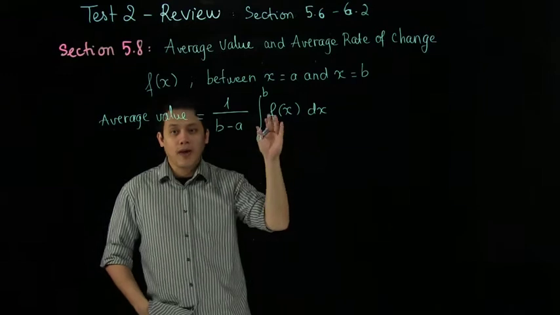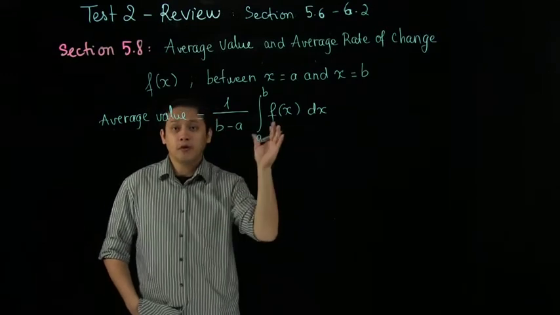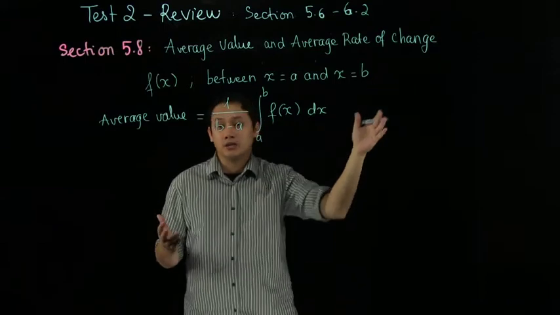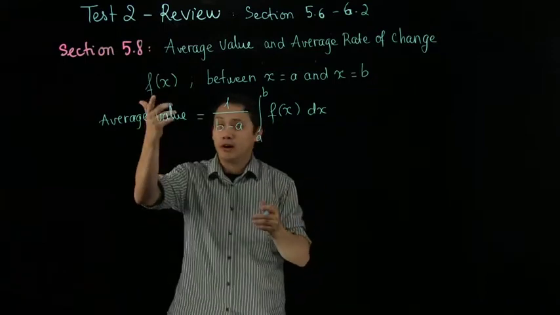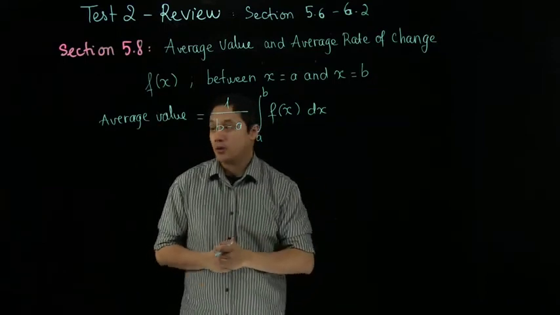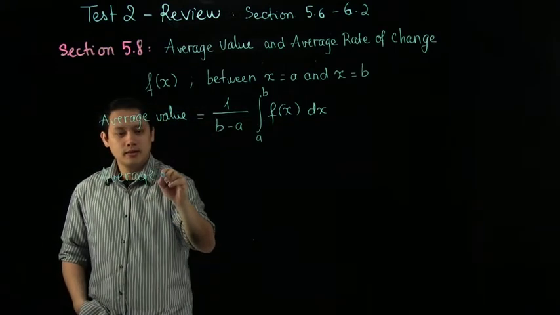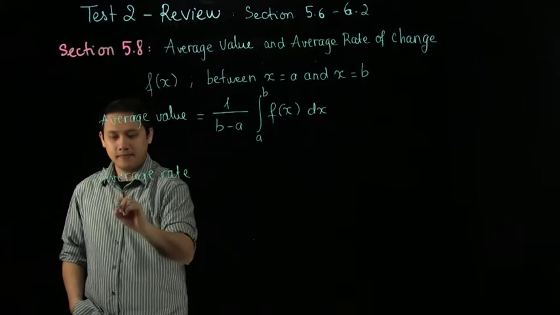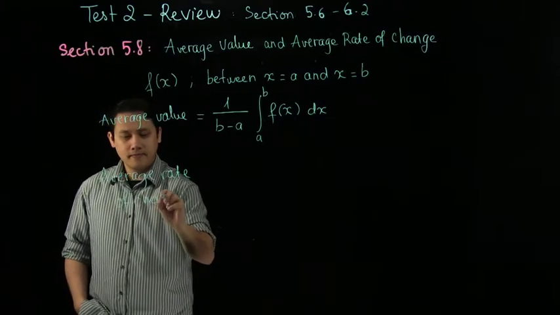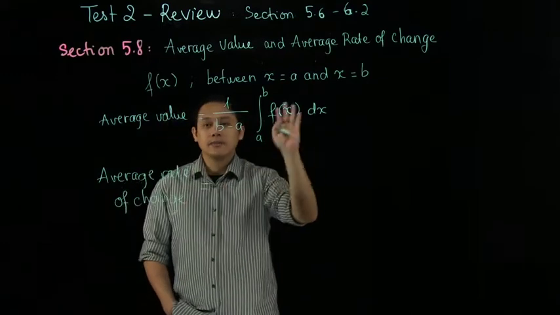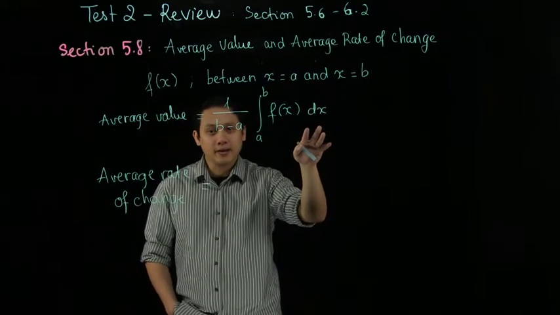Now let's move on to average rate of change. So for the formula of average rate of change, you need to find the rate of change function. That is the derivative of f of x. So the formula is very similar to what you have for the average value.